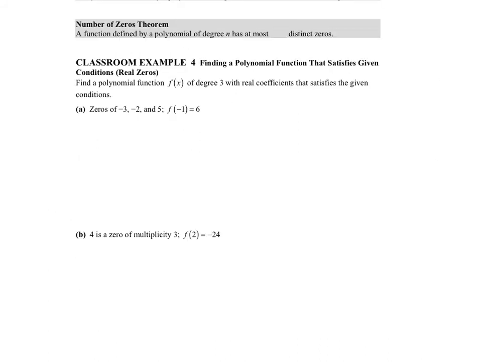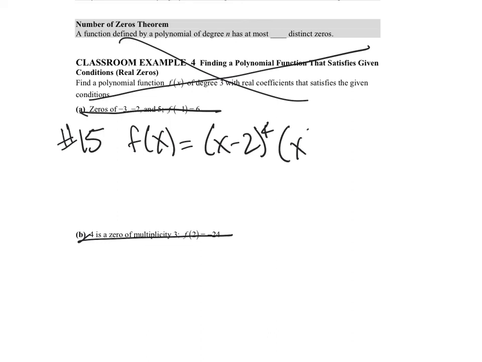Okay, we're going to do a couple of different problems instead of these problems. We're going to do the one off your homework. It says, for the following polynomial function, find all zeros and their multiplicities. This is like number 15 on your homework. So I have f of x equals x minus 2 to the 4th power and x squared minus 5.